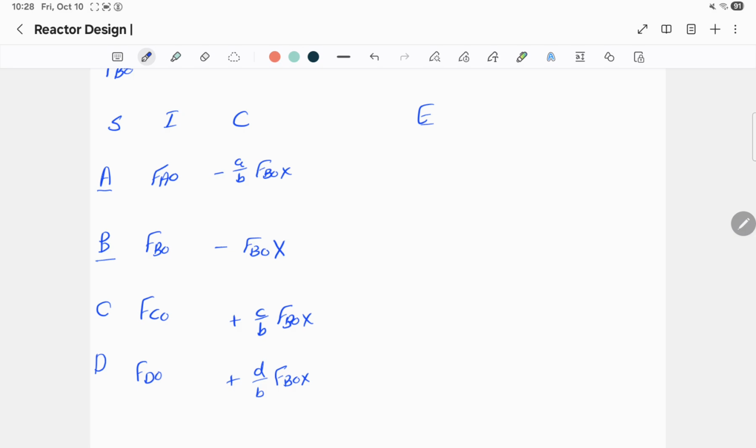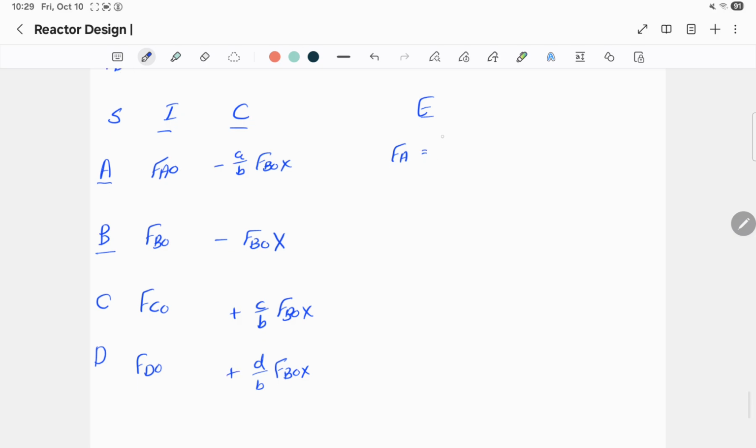Now for the exiting. For the exiting, we're basically just looking for the moles of A exiting or leaving, or also the final molar flow rates. So that'll be the initial minus the change or the converted.